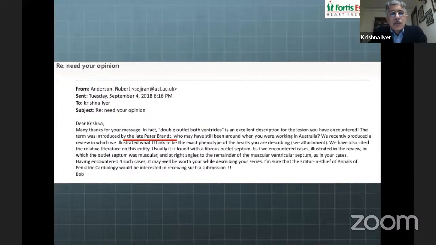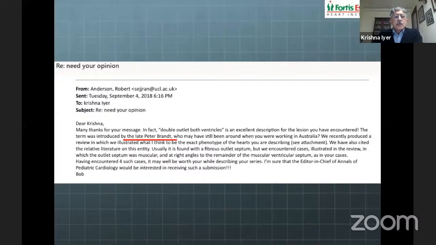However, all the earlier descriptions were morphological descriptions from autopsy specimens. Peter Brandt's first article was on the clinical and surgical aspects of double outlet left ventricle, with a suggestion that some instances could be classified as double outlet both ventricles.